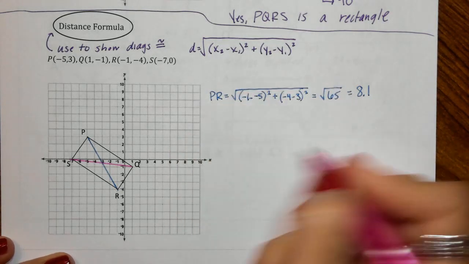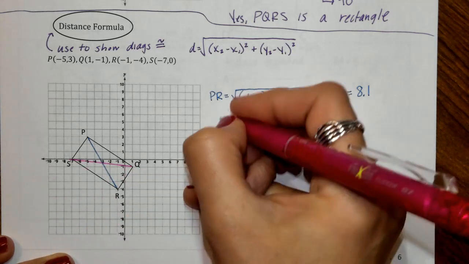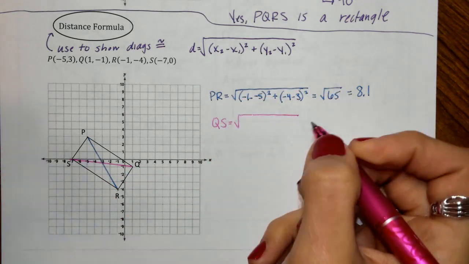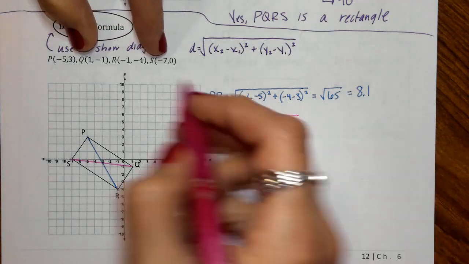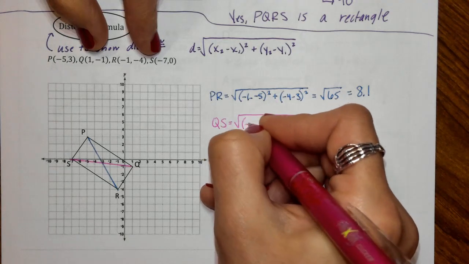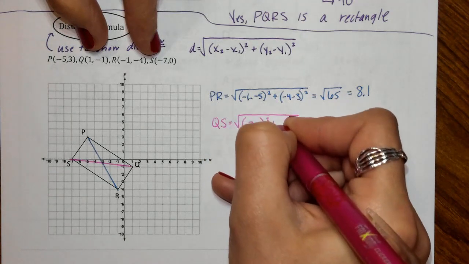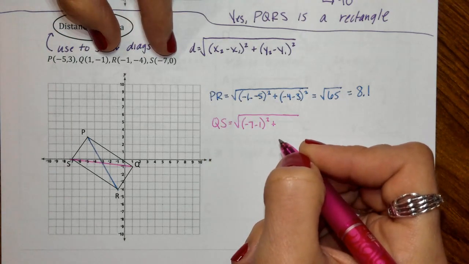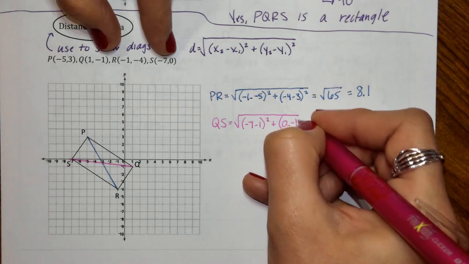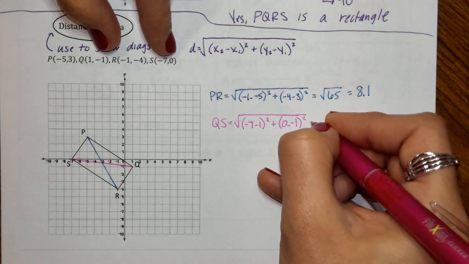Now let's look at QS, our other diagonal. All right, looking up here at the points Q and S, x2 minus x1, -7 minus 1 squared, plus y2 minus y1, 0 minus -1 squared.